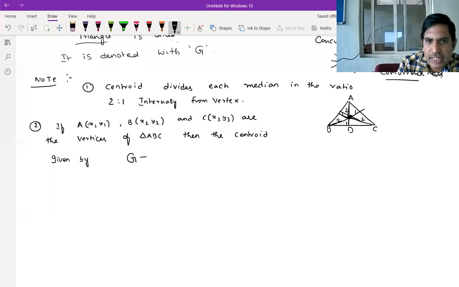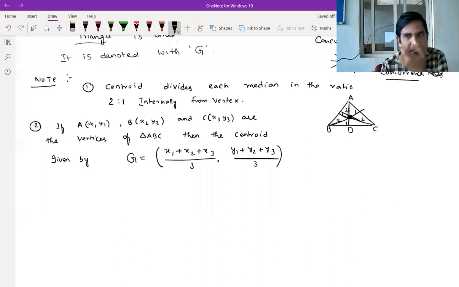How to find centroid? Nothing but the formula is ((x1 plus x2 plus x3) by 3, (y1 plus y2 plus y3) by 3). So this is the centroid formula when vertices are given.